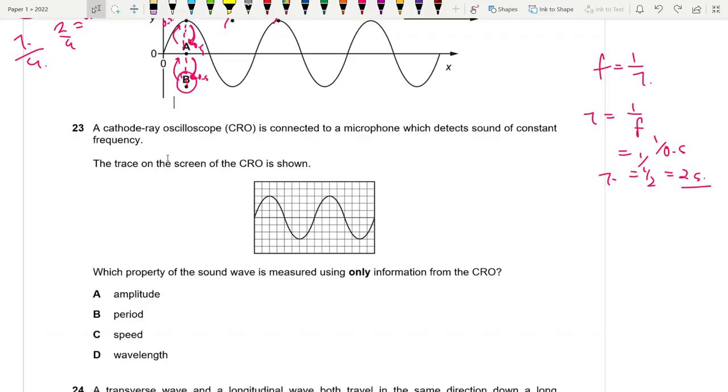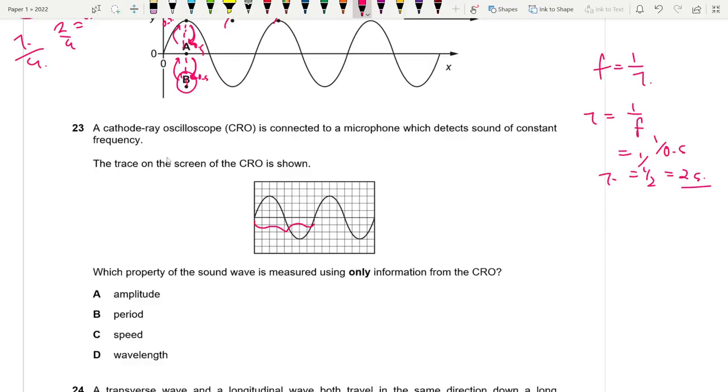Which property of sound is measured using only information from the CRO? So we have the time base and the Y gain in the CRO. So the time base actually gives us an idea about the time period. So we can find out the time period.